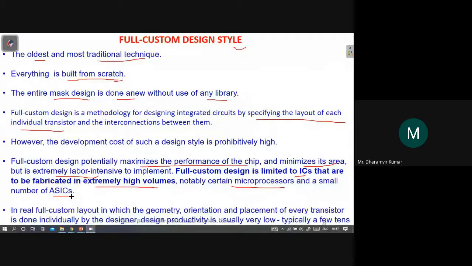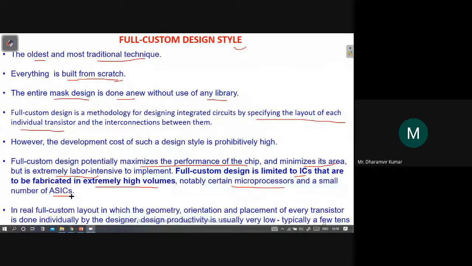The number of products that would be sold is very high. For those kinds of ICs, this approach is generally used, because if you use this for designing an IC whose production will not be of that very high scale, then it will be a huge loss.